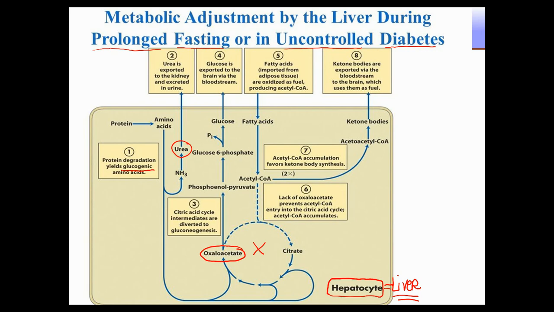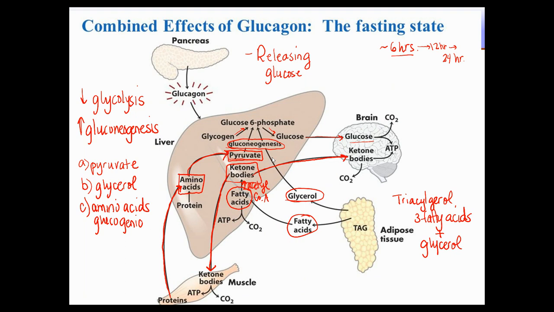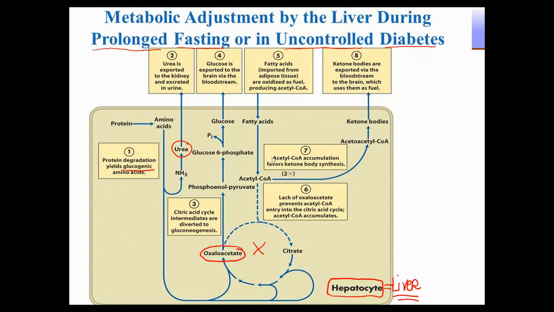Okay, now in the previous slide, let's go back for a second. It didn't show that, but that's also at play here. Even when you're in just regular fasting state, you're going to slow down Krebs cycle, which is why you're forming ketone bodies instead. So you're still slowing Krebs cycle down. It's just in prolonged fasting, when you're looking at 12 hours, 24 hours, a couple days, you're really starting to pull everything for gluconeogenesis and glucose.